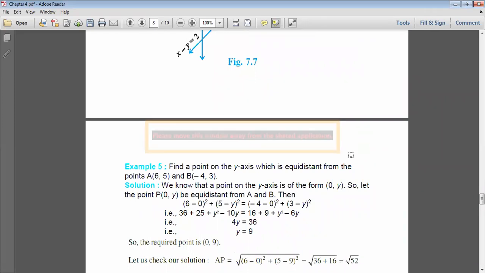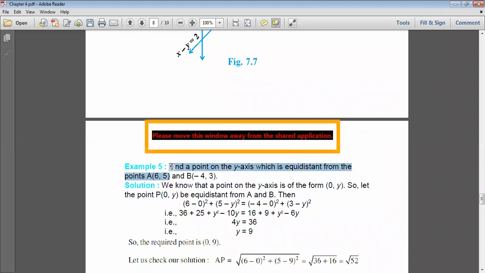Okay. Now one more example is there. In the same manner, the only difference is that you have to find a point on the y-axis. So instead of arbitrary xy, you should take the general notation of a point which lies on the y-axis.